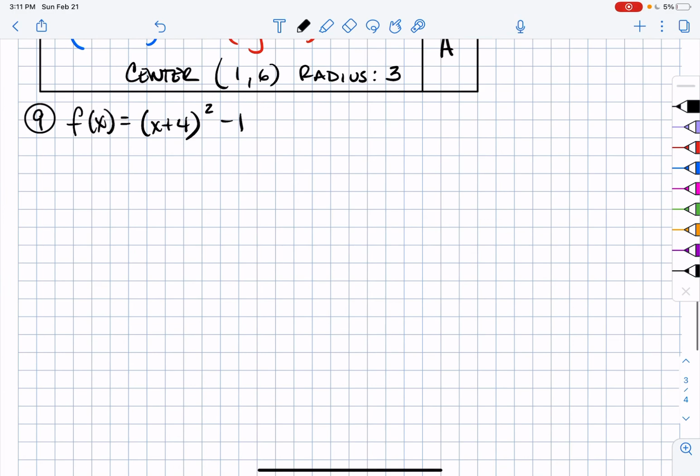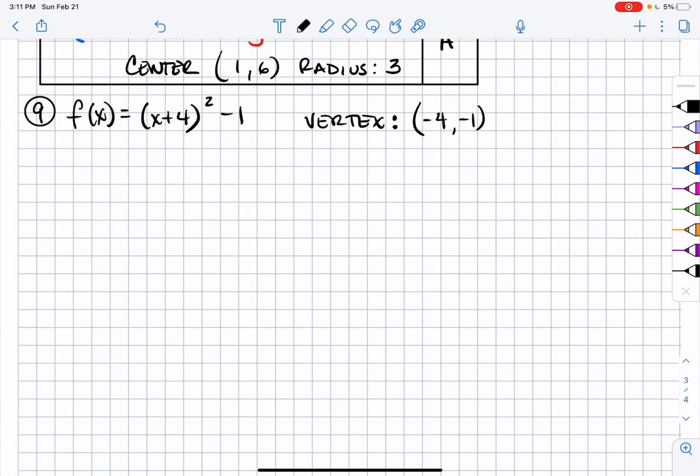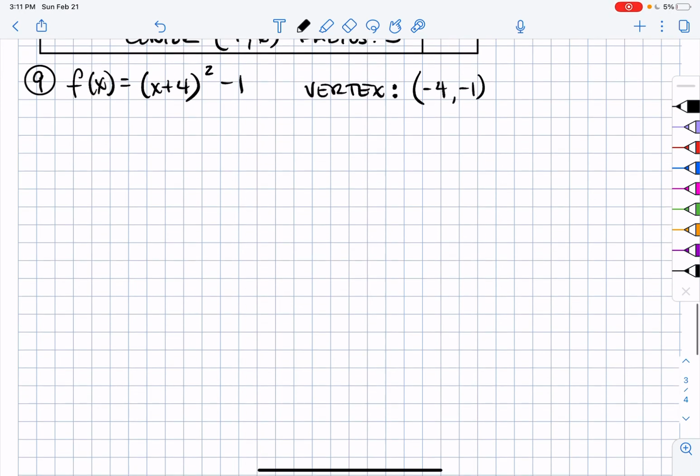So I have my vertex, and that's going to be negative 4, negative 1. Okay? And it asked me to use intercepts. So here it is. I got my vertex, intercepts.